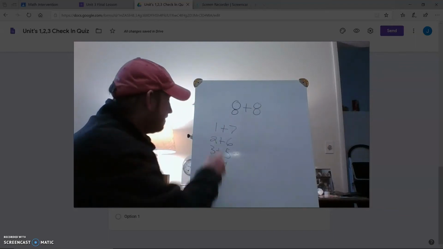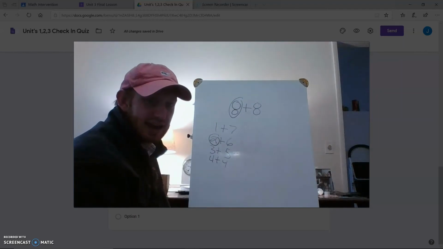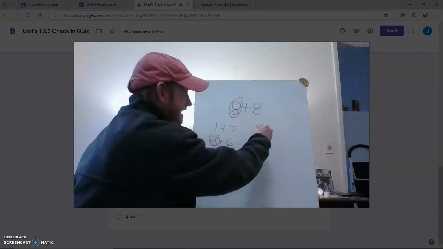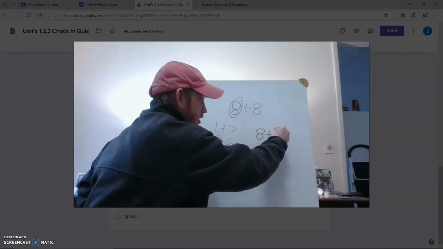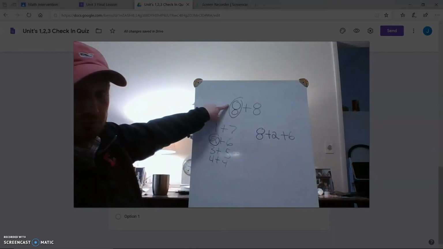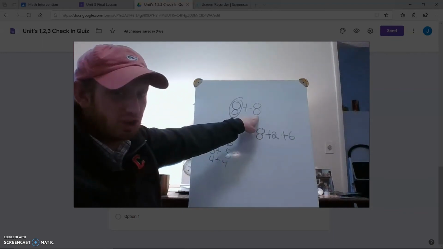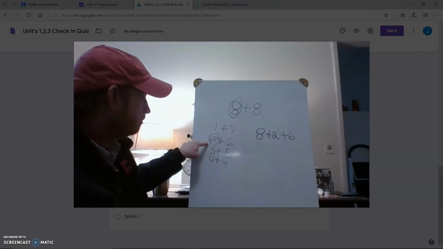Well, I know that 2 and 8 make a 10. So 8 plus 8 is going to be the same as 8 plus 2 plus 6, because we keep one of our 8s, and then we change the other one into our easier problem.